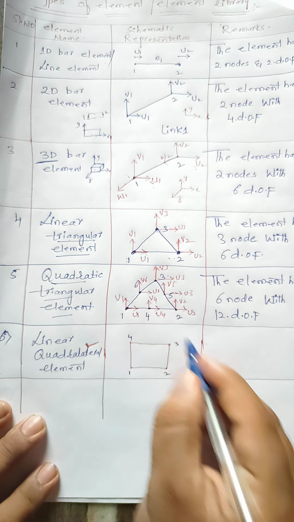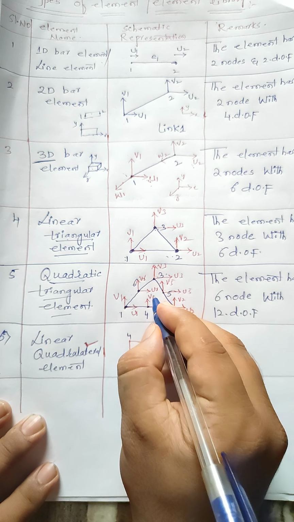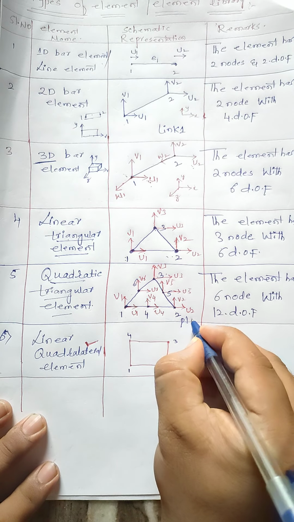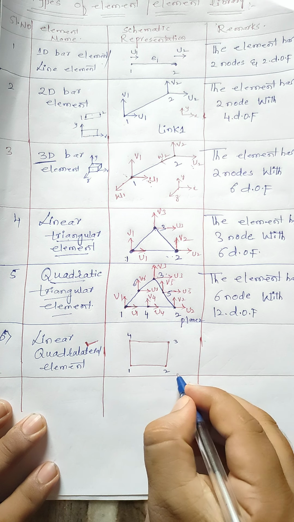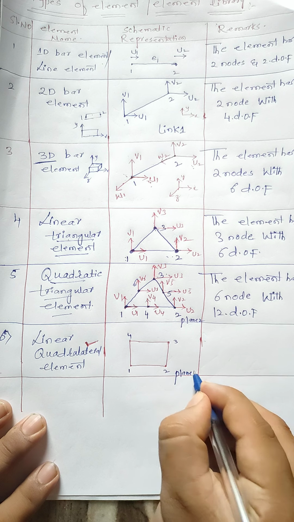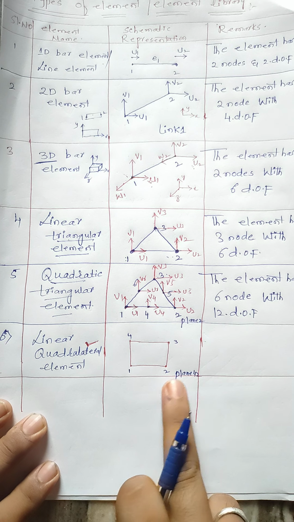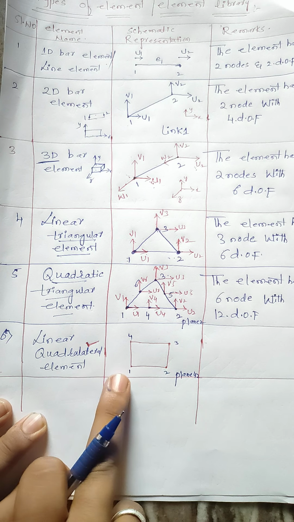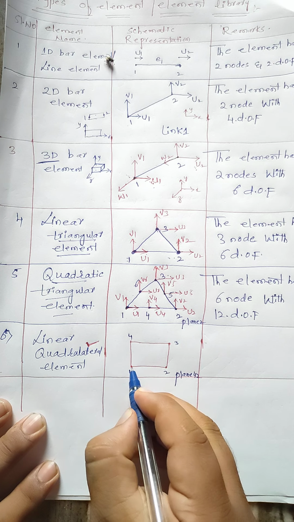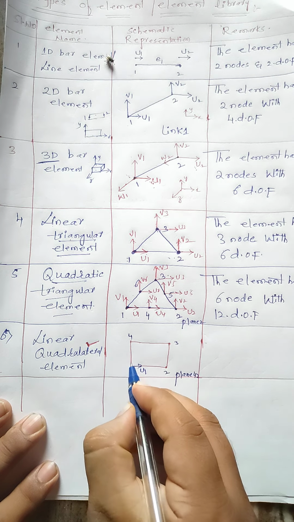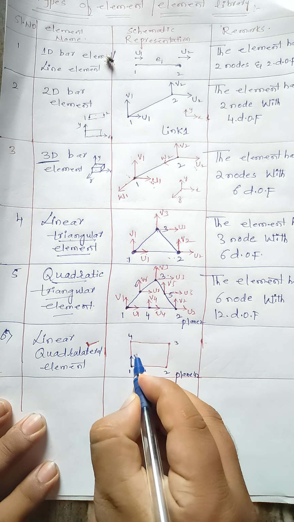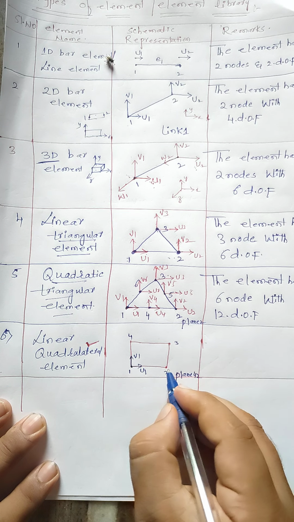So this plane, what can we say here? We can say this is a plane element. At node 1, the displacement u1 is acting in the x direction and displacement v1 is acting in the vertical direction.